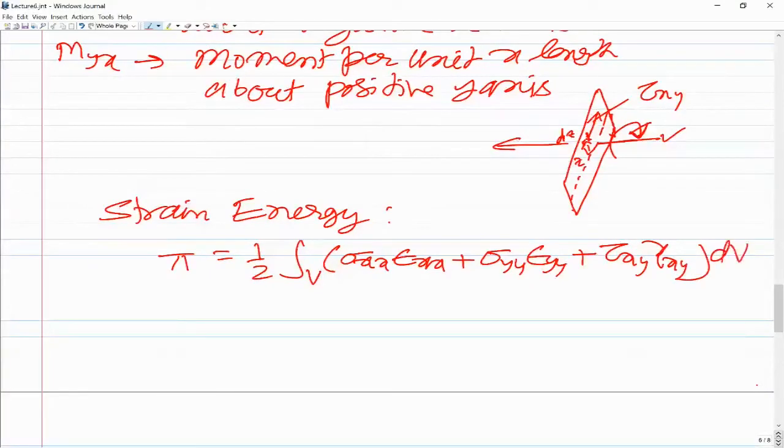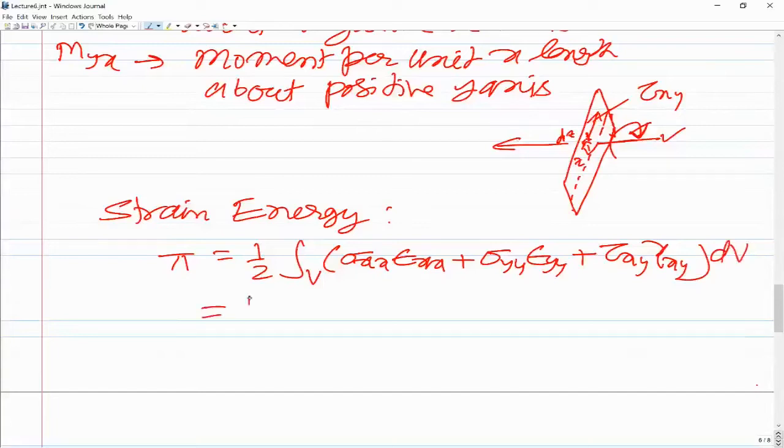This is the expression for the strain energy. Other pairs, although let's say epsilon zz is non-zero, sigma zz is assumed to be zero, so those contributions are zero. And tau xz, tau yz, and the corresponding shear strains gamma xz and gamma yz are zero. So only these contribute to the strain energy.